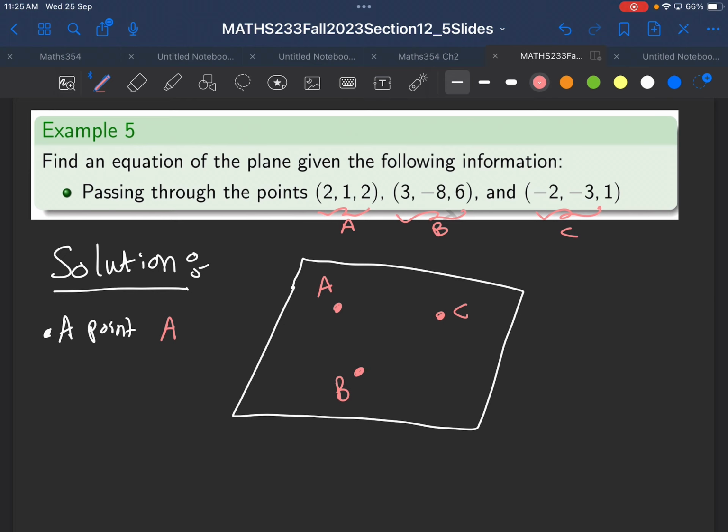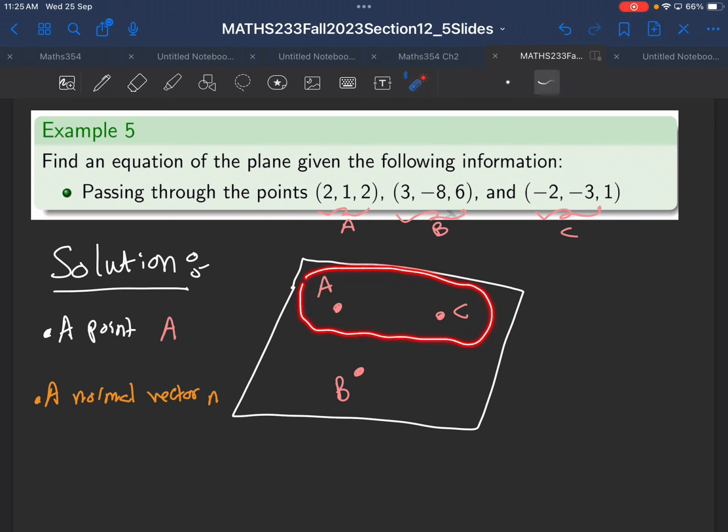And then what we need more is a normal vector. A normal vector is a vector perpendicular to the plane, a vector that is orthogonal to the plane, a vector that is coming outside the plane. So that's what we need, a normal vector, which is n. Now, how are we going to find the normal vector? We will use the idea that if we have 2 points, we can get one vector between them.